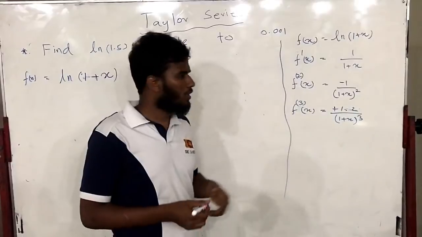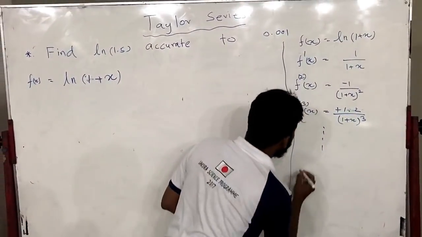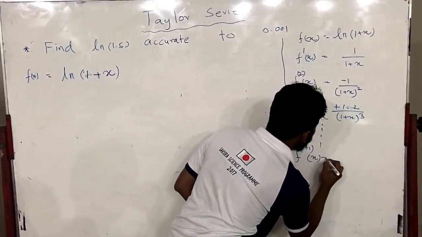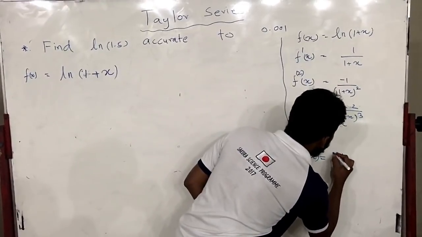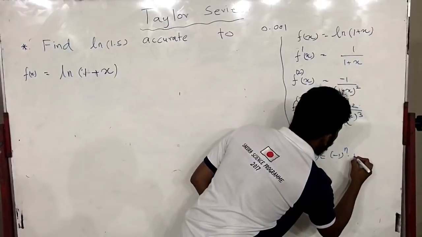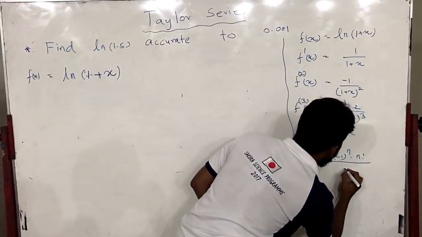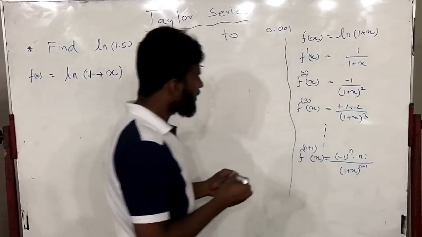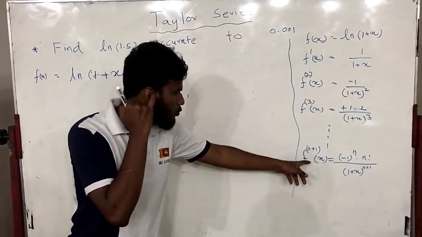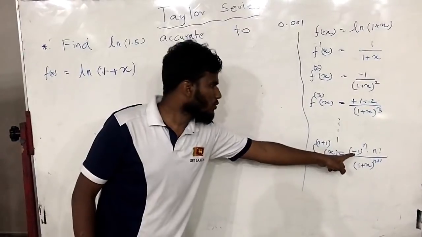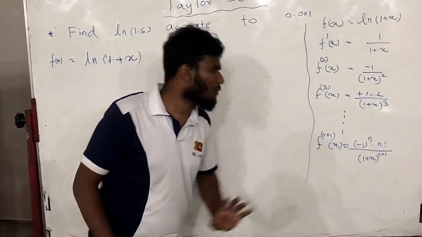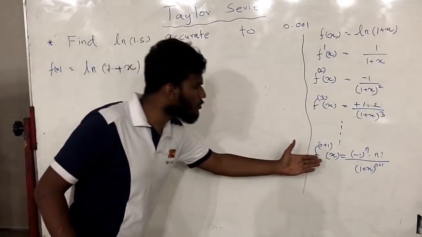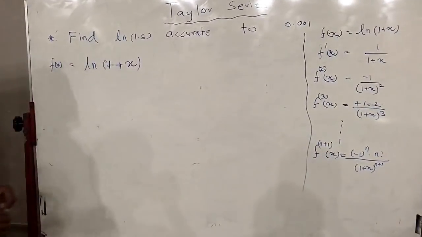We can get a pattern here. The pattern we get is f^(n+1)(x) equals (-1)^n times n factorial over (1 + x)^(n+1). We are going to use this fact in proving this one.